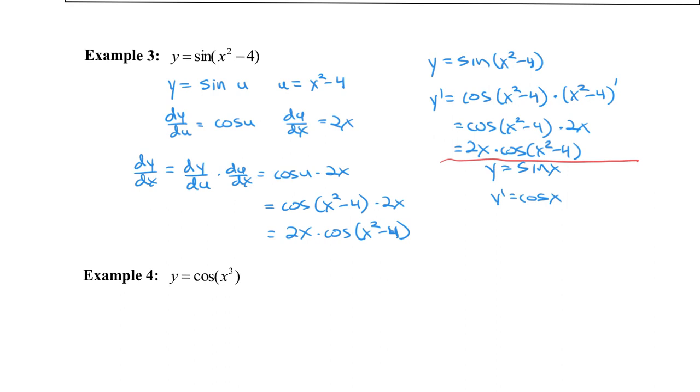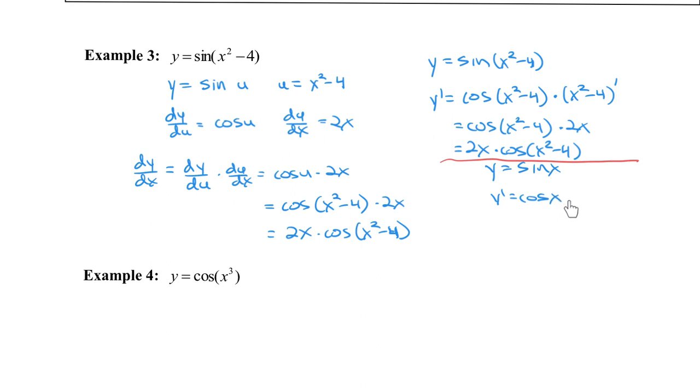Okay, so one thing to keep in mind with these is the big thing, which I've mentioned a bunch of times, I'll do it one more time: the arguments don't change, right? The derivative of sine of this is cosine of that same thing. And then since that thing is not plain old x like it is here, we need the chain rule. Now technically we have the chain rule here too, but what's the derivative of x?